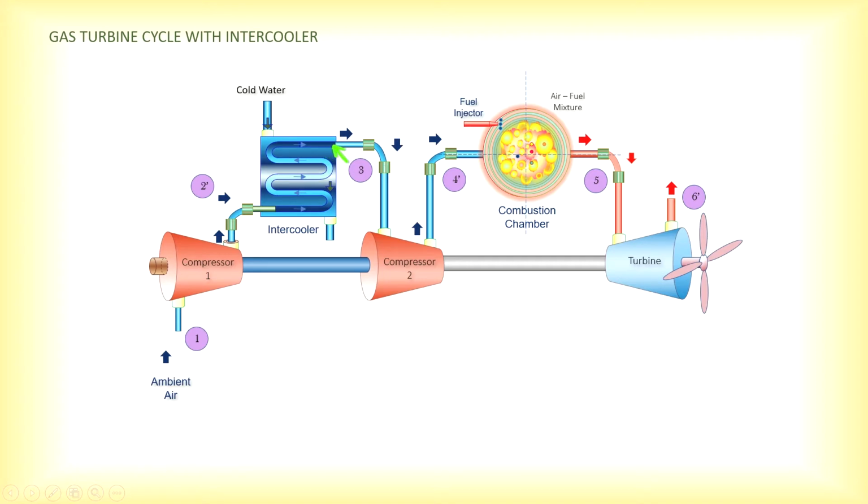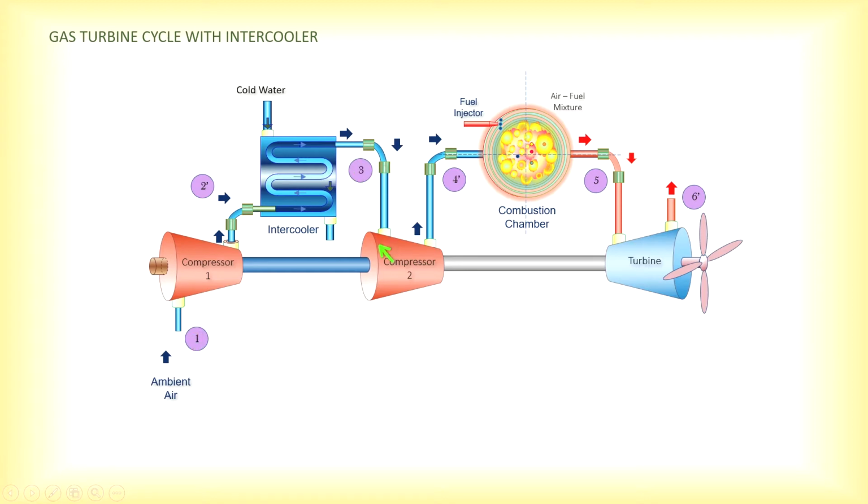Then after that, before going into the second compressor stage, the temperature of the air is relatively low, or you can say the temperature might go back to the original temperature, the same as the ambient temperature.